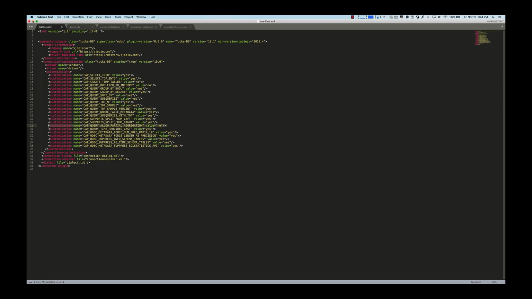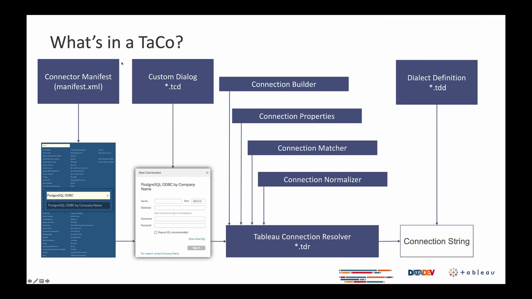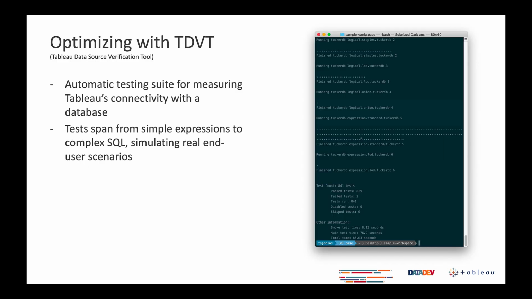Okay, so that's a pretty nice overview of all the files inside of a Taco, but turning back to the SDK here, the SDK is not just filled with great documentation and samples and tools to package and sign your .taco file, but it also includes this Python-based test harness called TDVT. So basically, TDVT simulates a huge variety of tests that could be very simple.